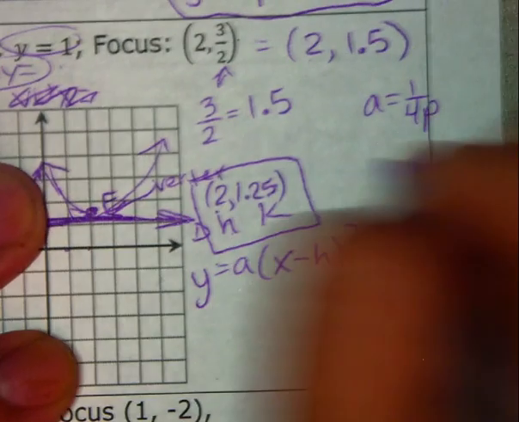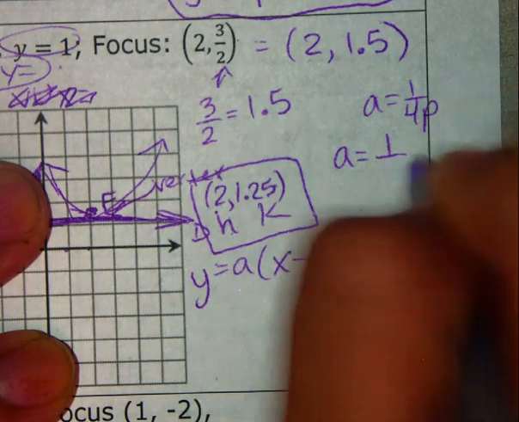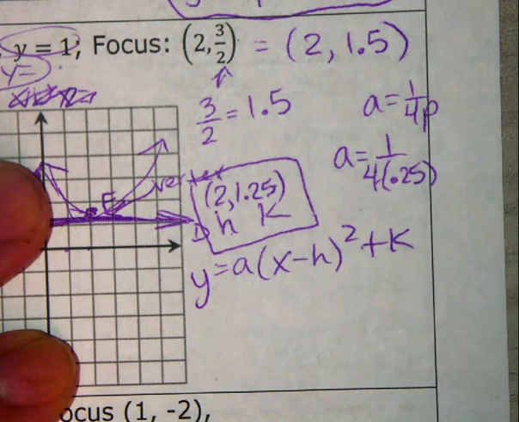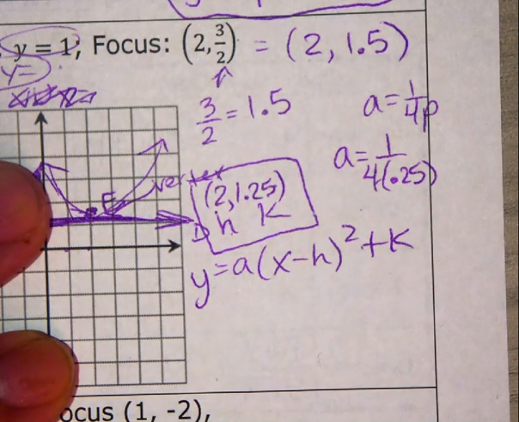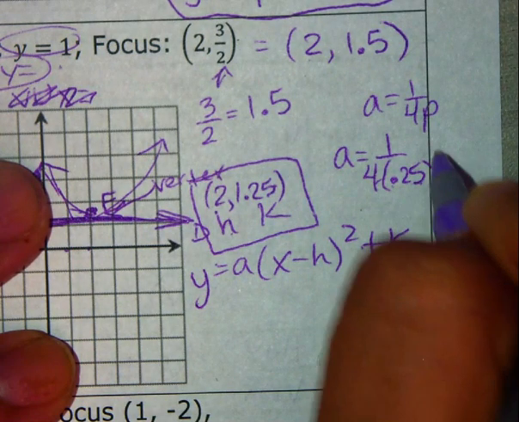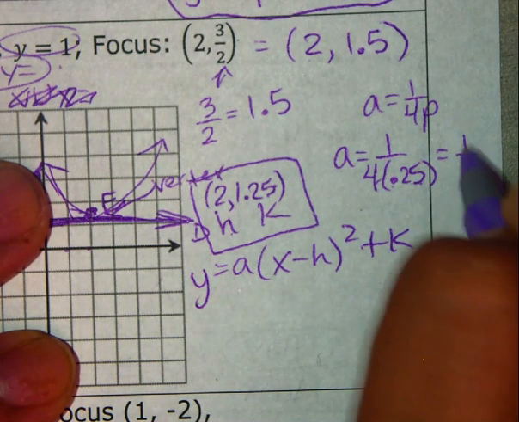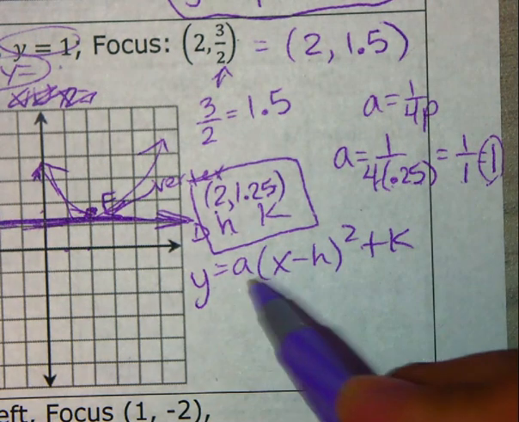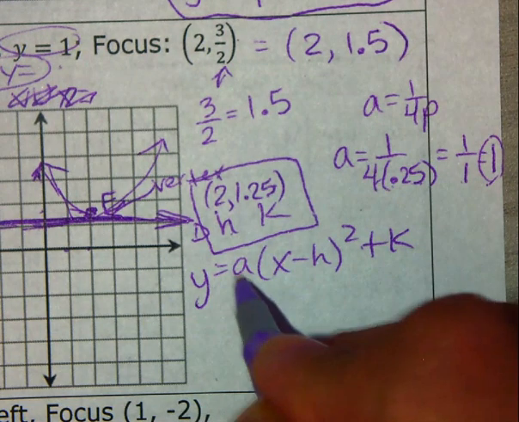So we're going to put a equals 1 over 4 times 0.25. And when you multiply 4 times 0.25, it's actually a 1. So 1 divided by 1 is 1. So the a value is 1. If the a value is 1, we don't need to put anything for a.